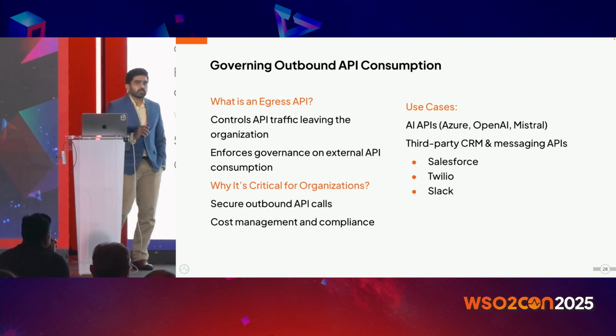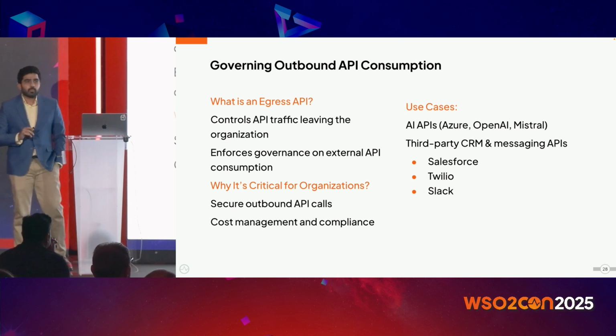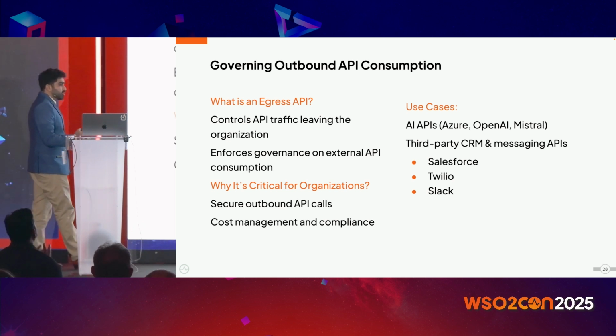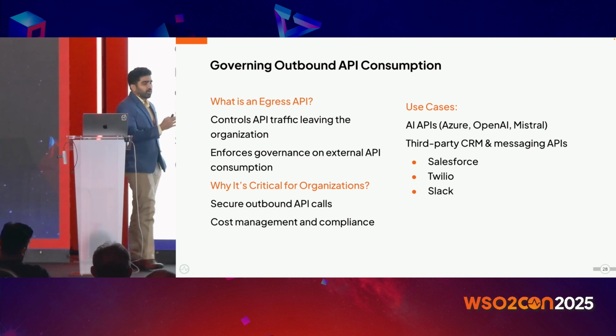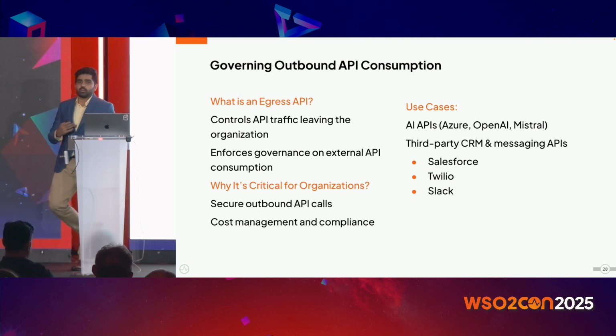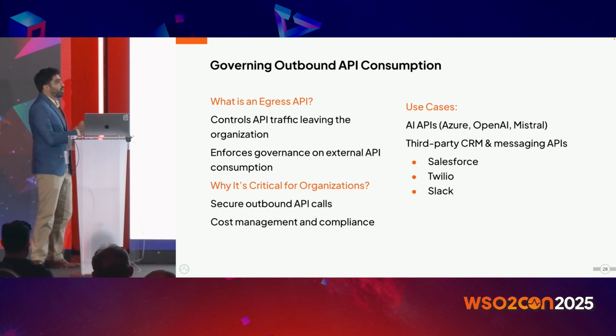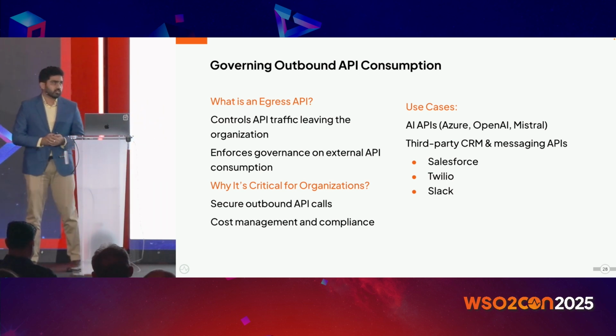One quick point to add there. All this time, Egress API management was a problem in the API management domain, but people didn't realize it as much because we didn't have AI and most of these third-party SaaS applications to deal with. But these days we have to deal with this, and people have to navigate the complexity of sending data outside and controlling these interactions.